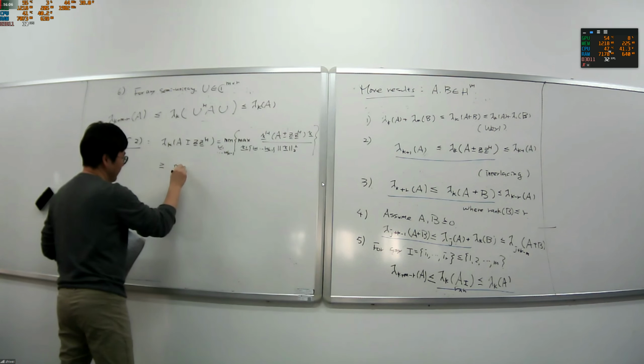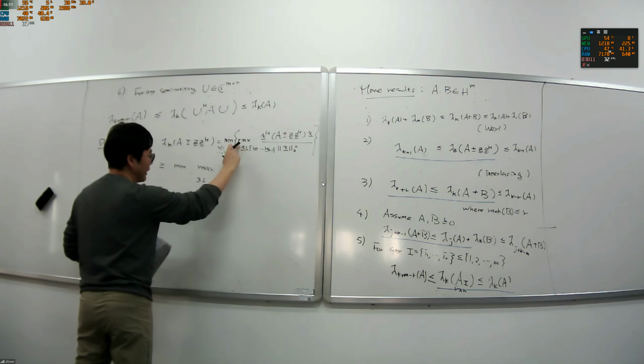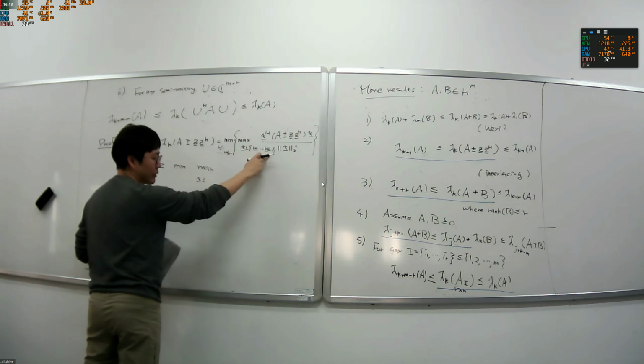Now we consider that here X is orthogonal to W1 to W(k minus 1).